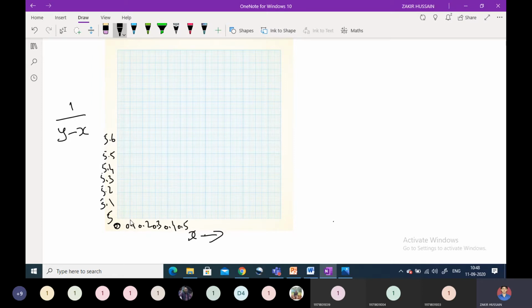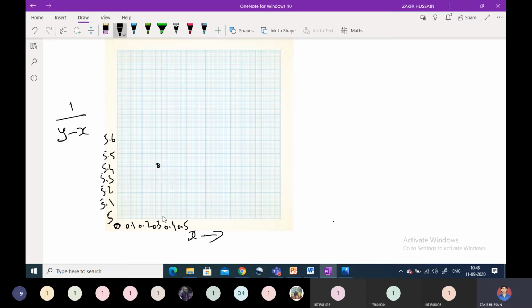Now the first point is x equal to 0.33 with 5.405. We will get around this point.